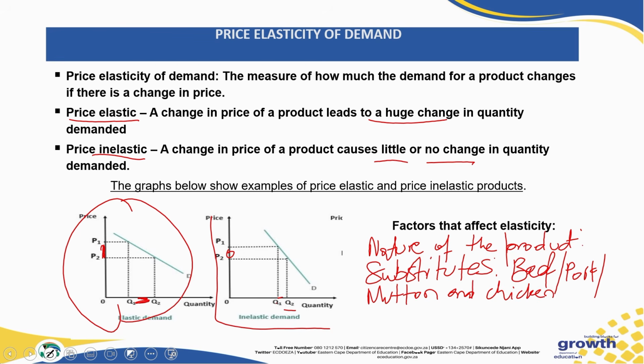So if one of these products increases in price, consumers will go for another product because they are substitutes. So if there are many substitutes for that product, the demand of that product will be price elastic. But if there are few substitutes, it will be inelastic because there's no other option. They have to go for this product, whether the price changes or not. So that is an example of the price elasticity of demand.